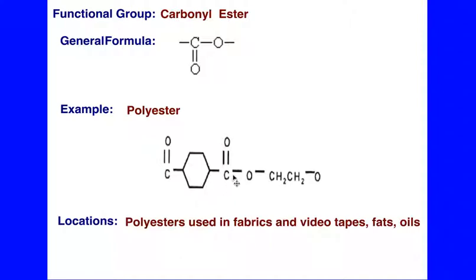And you can see right here in the middle of this molecule, we have a double bonded oxygen to our carbon and then a single bonded oxygen. So this would be our ester. And again, polyesters are found in fabrics and specifically some fats and oils in living organisms.